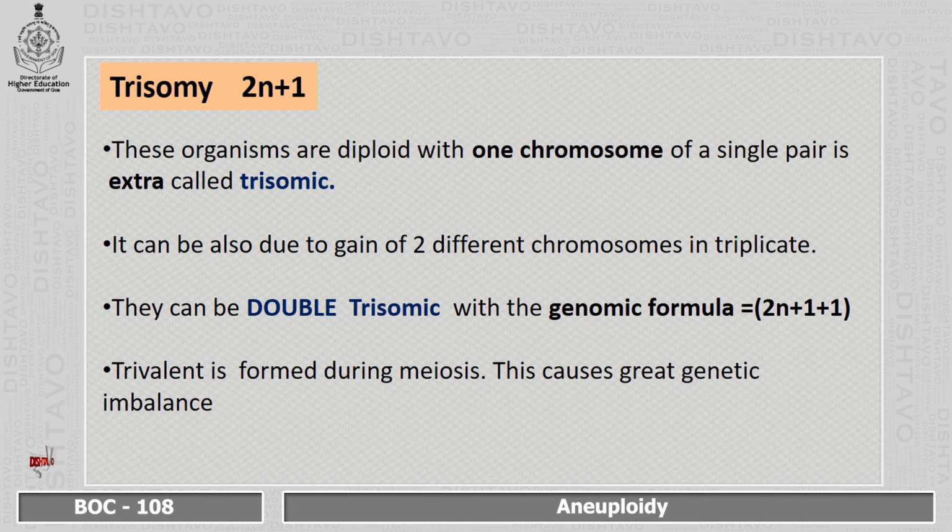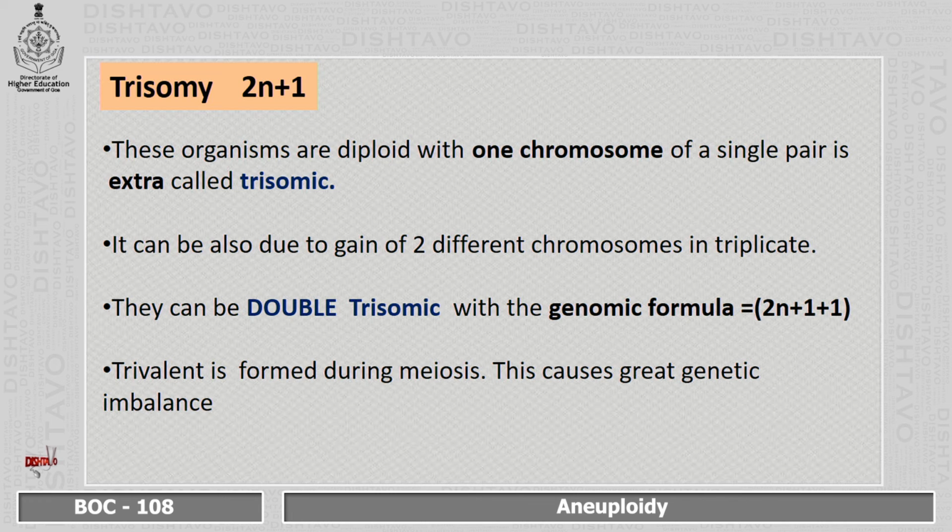Now, we go to hyperploidy, wherein addition of chromosomes. So, we take an example when there is one chromosome extra. These organisms are called as trisomics. They are diploid, but one chromosome of a single pair is extra. It can also be due to gain of 2 different chromosomes, and when it is extra, it forms a triplicate.